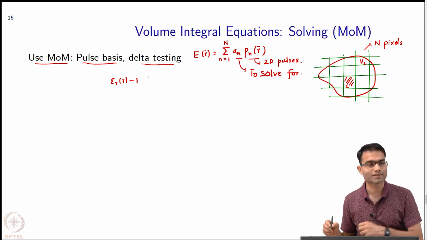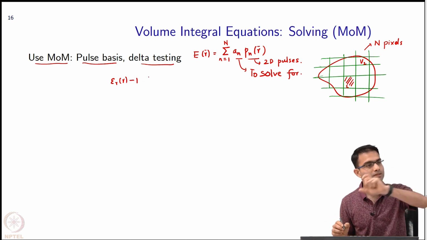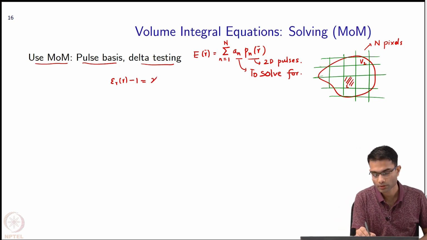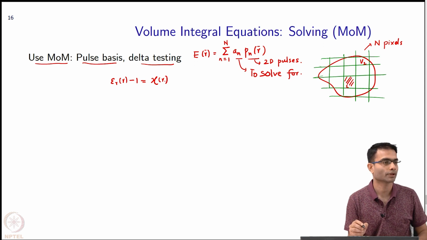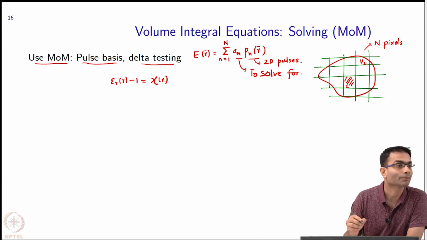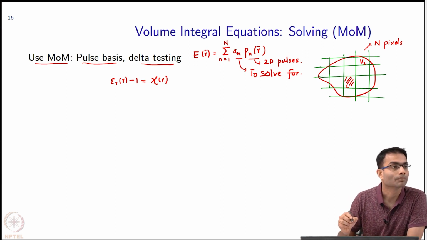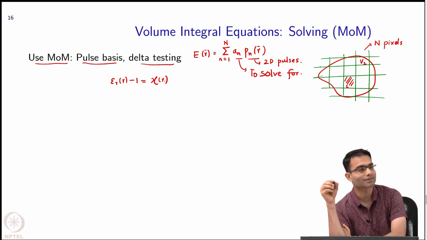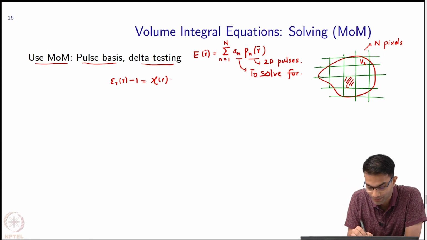By the way, it gets irritating to write epsilon_r minus 1 every time. So, there is a new variable that you use for it, you just call it chi(r). You can call it susceptibility.